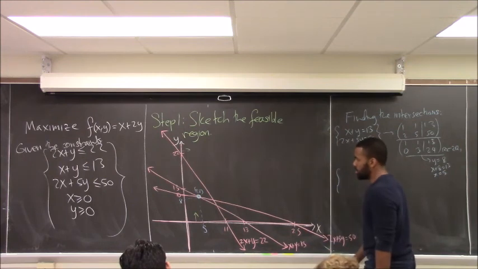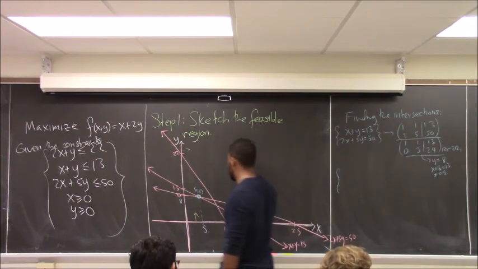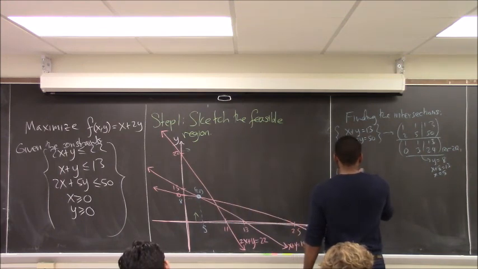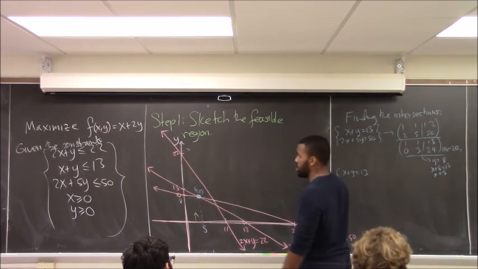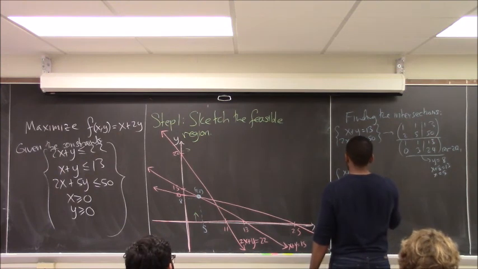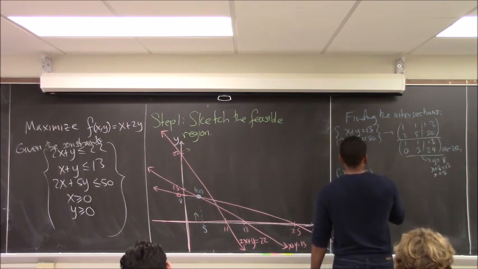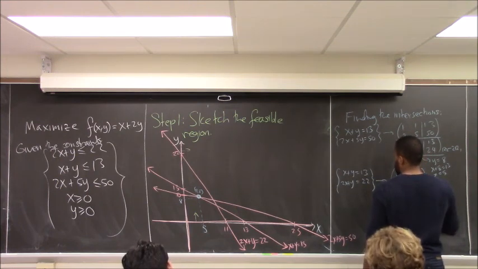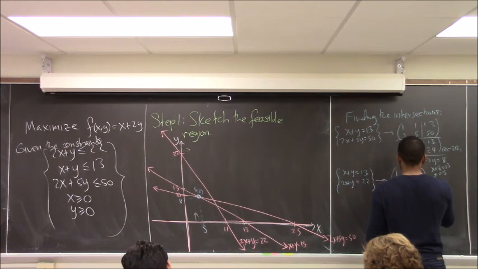Okay, let's find now where x plus y equals 13 intersects with the other guy, 2x plus y equals 22. So that leaves us with 1, 1, 13. And this is 2, 1, 22. So 1, 1, 13.